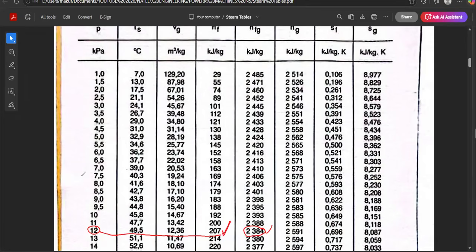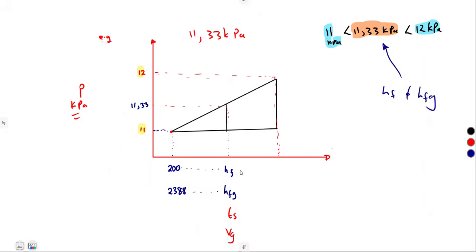So you take your HF, 207, and your HFG as they are. Our HFG at 12 kilopascal, we saw that it was 2384. If it was temperature, you take the corresponding temperature, the corresponding volume, like that.